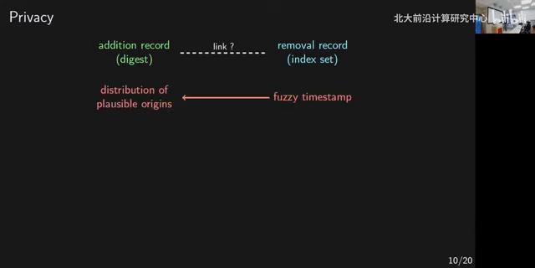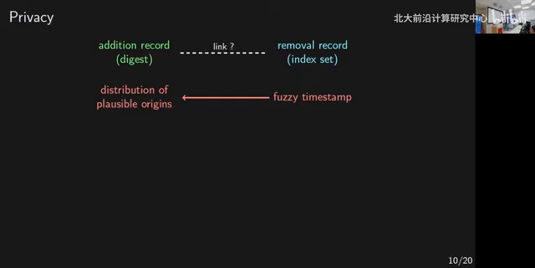And what you get is a fuzzy timestamp, because you can look at a sequence of bits and there are only a finite number of windows in which those bits could lie. And so that means that there are a finite number of timestamps that could have generated a sequence of bits. So you have a fuzzy timestamp. And as a result of having a fuzzy timestamp, you have a distribution of plausible origins.